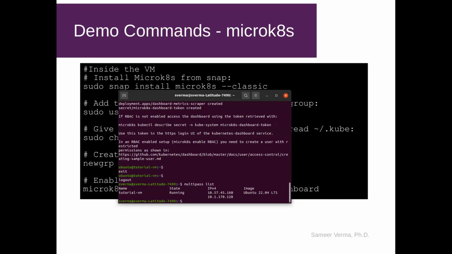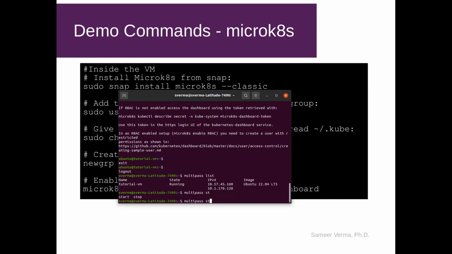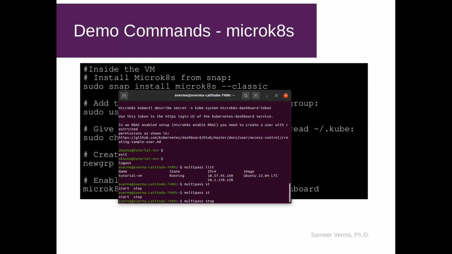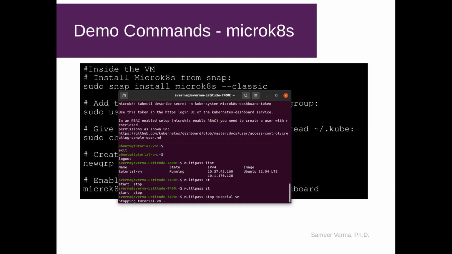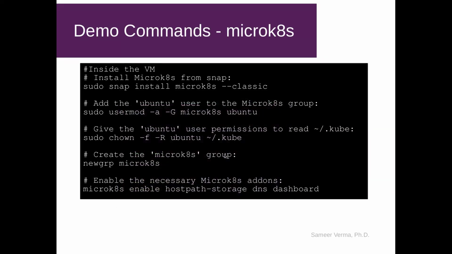I'm going to turn this VM off so I can free up resources. multipass stop tutorial-vm. So we'll stop the VM. I'll switch to VirtualBox because there I have a graphical interface and I can show you how to set up the stuff. So now it has stopped. That means it's not taking up any resources.